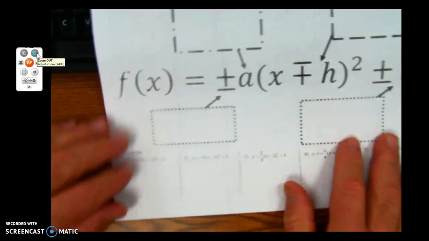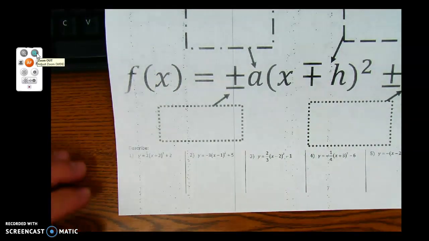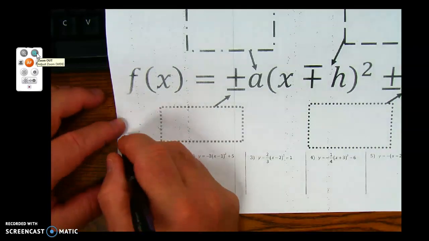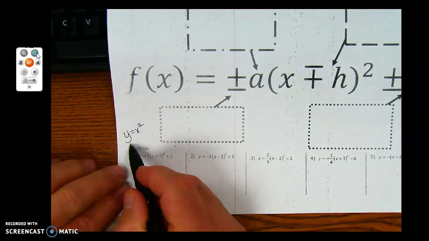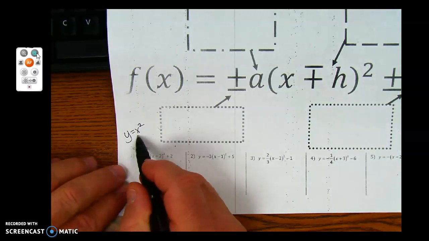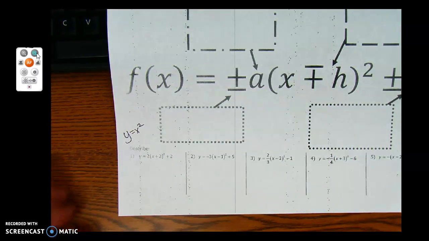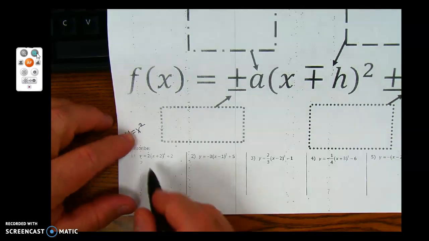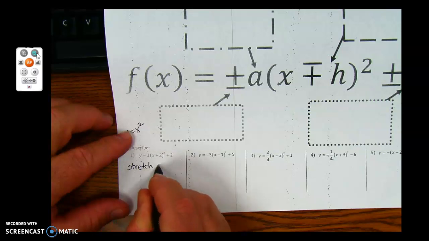We're looking down here at the bottom of the page. So when I say transformation, guys, what you need to understand is y equals x squared is your most basic parabola. When I start adding in these 2's right here, they do all kinds of things to the parabola. So this first 2 stretches the parabola times 2.